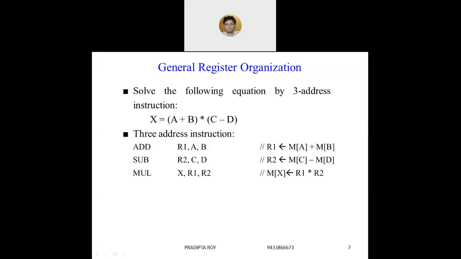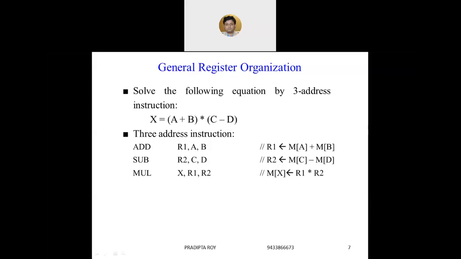In the same way, the second part of the equation is solved with the instruction sub R2, C, D. So the result of the subtraction is stored in general purpose register R2. And you can see here in the operand field there are three different operands in each of the instructions.